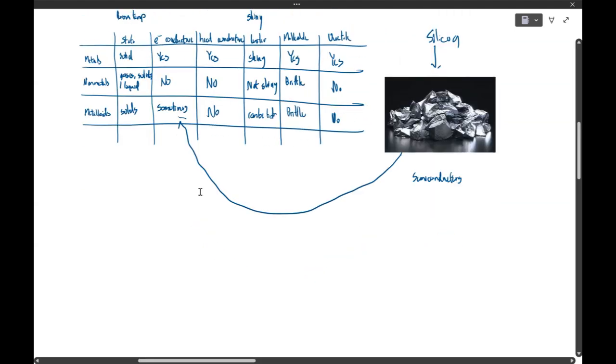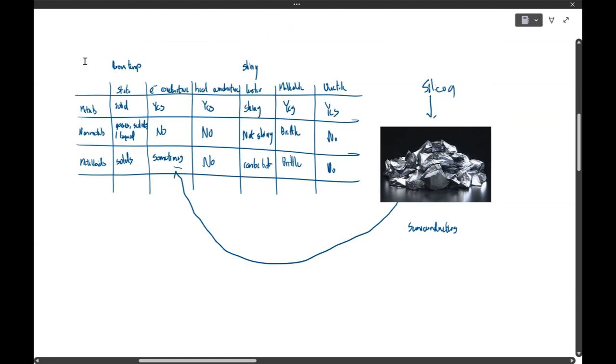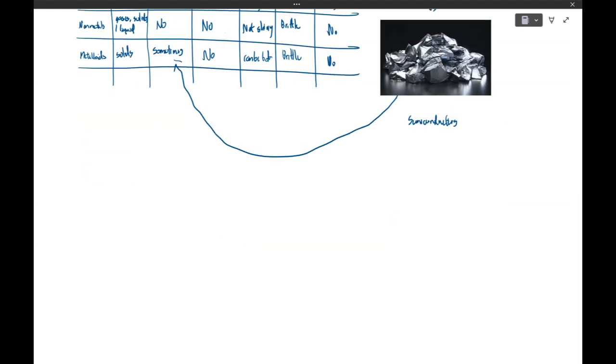Now, these metals, nonmetals, and metalloids tend to be located in certain places on the periodic table. So let me pull up an image.